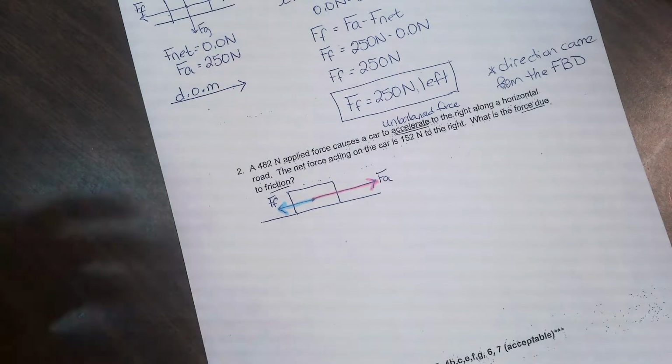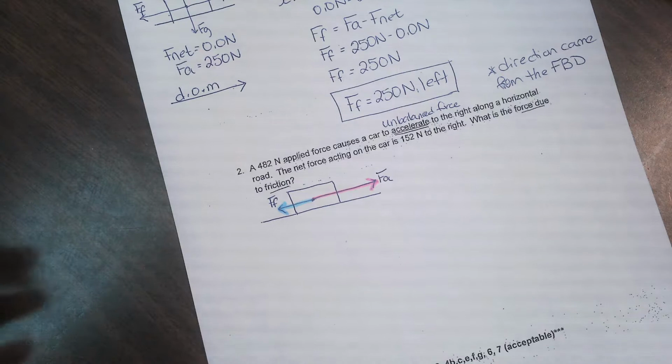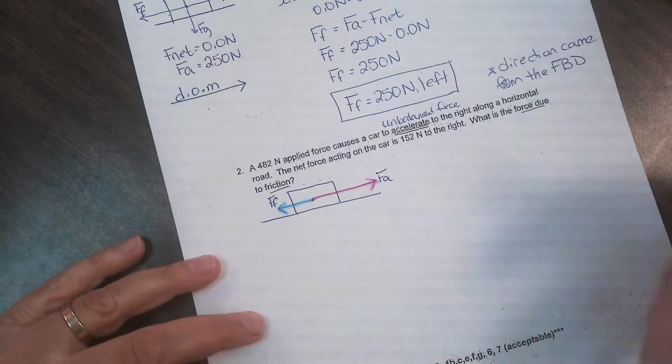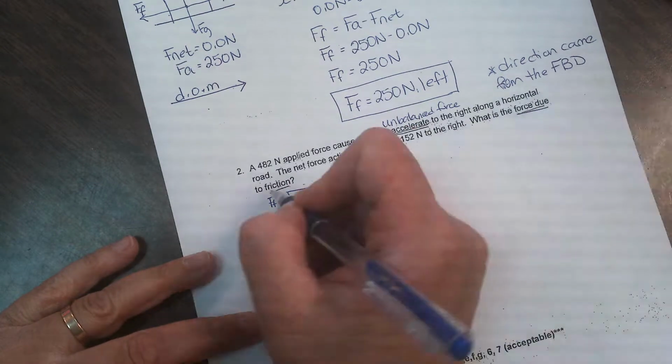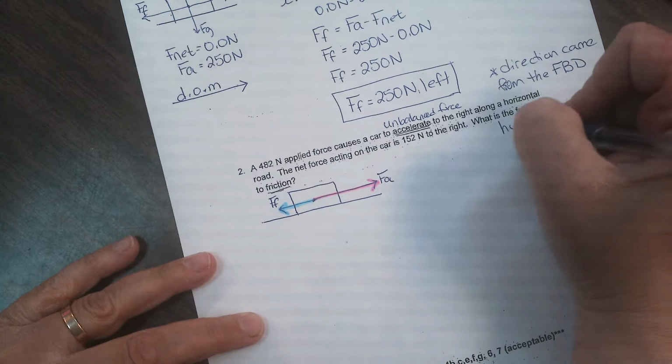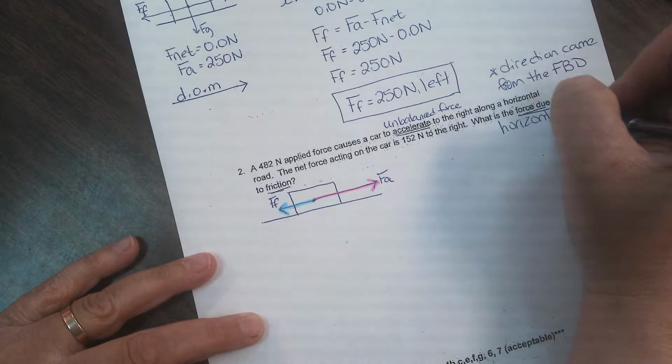So we show through our picture the unbalanced force. Okay? It says, what is the force due to friction? Again, this is in the horizontal direction only.